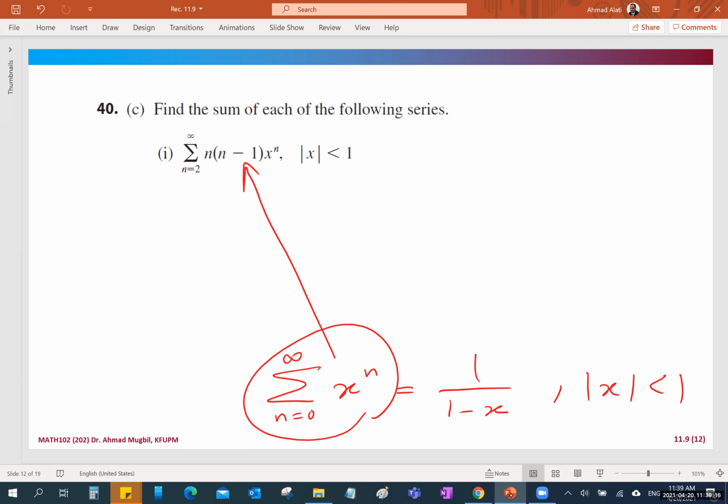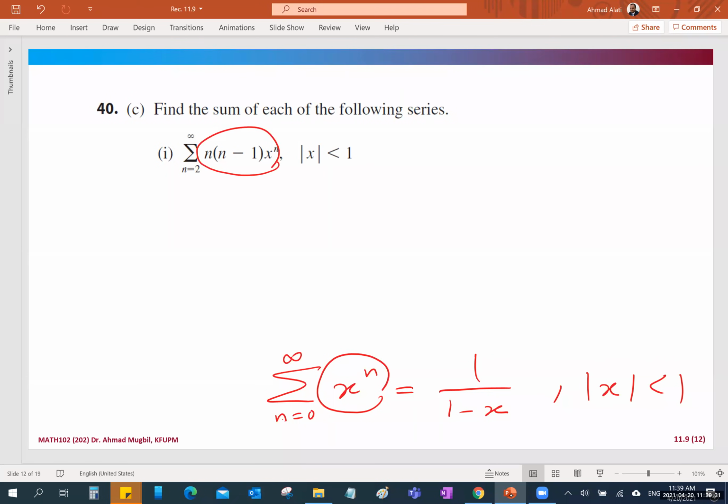To go from here, we have to multiply by n minus 1. No, you cannot multiply by n, n is the index. Yeah, sorry. Focus on this, Nawaf. What is this if you compare this with this? Yeah, differentiate, I think. Yes, now finally you got it, Nawaf.